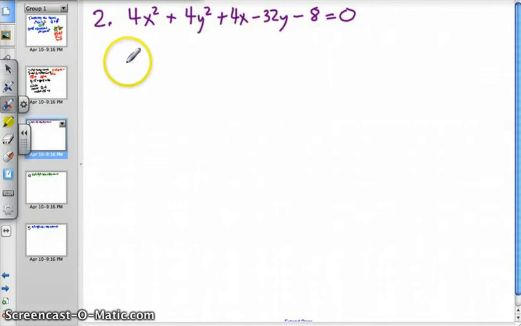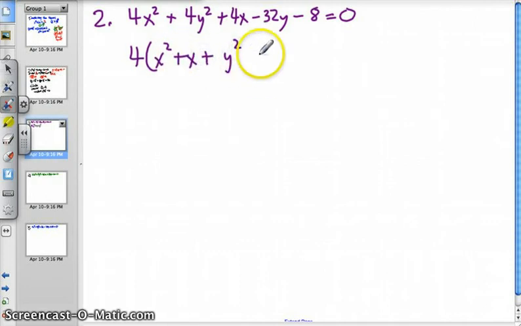So I factor a 4 out of the equation, so I'm going to have 4 times x squared plus x plus y squared minus 8y, and that's still equal to 8 because I just moved this 8 to the other side.